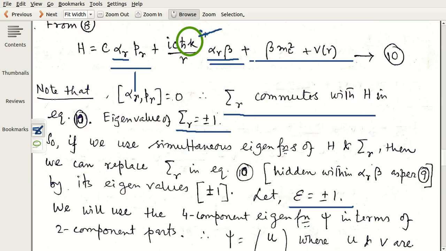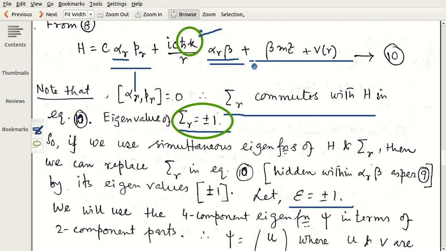In addition to that, through this alpha r, as alpha r depends on the sigma matrix, some dependence on spin comes through the sigma matrices, and some part of the dependence on spin comes through the k operator.